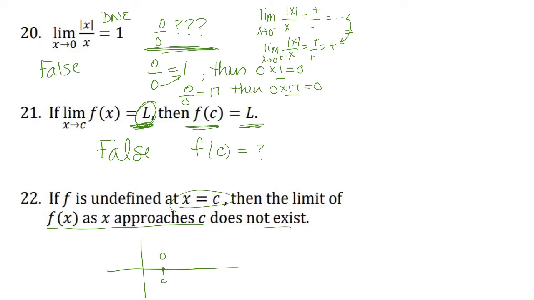Then the limit, well, no, not necessarily. I don't think this means a vertical asymptote. I think she's talking about this just being an open circle. And we definitely could draw something very quickly on each side and see that the limit as x approaches c does exist. It's just not going to be defined there or continuous there. So number 22 is false.